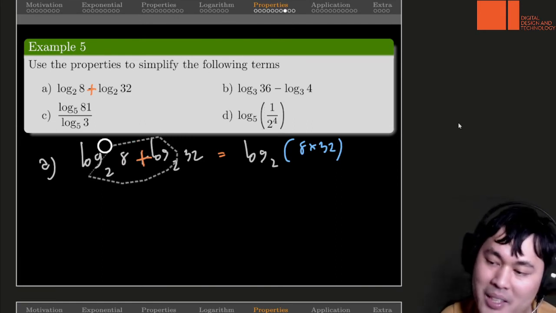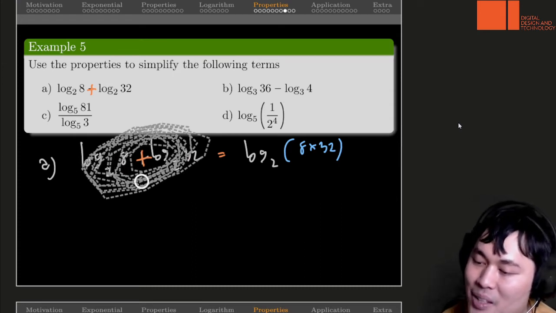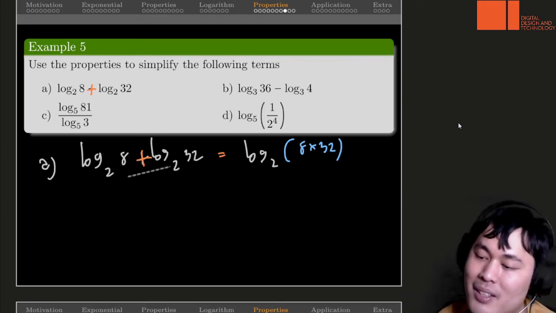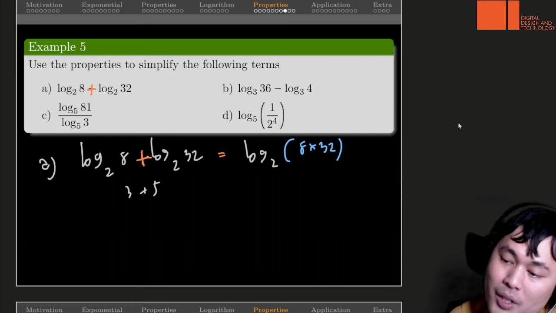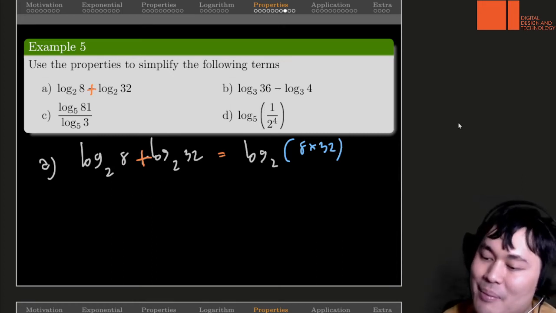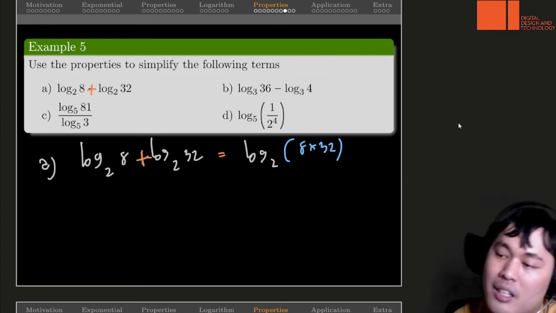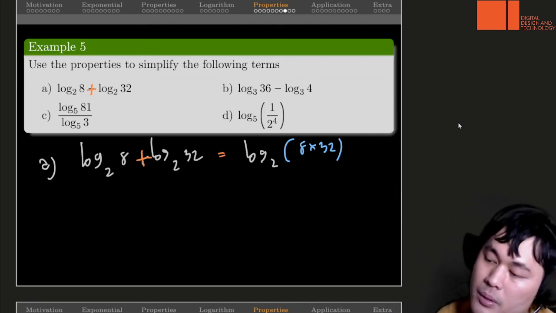Actually, if you see the numbers on the left, you might wonder why we don't just compute them, because they are easy to compute. This is 3, this is 5, so 3 plus 5 is 8. But just for the sake of illustrating the properties, I'm using simple numbers.